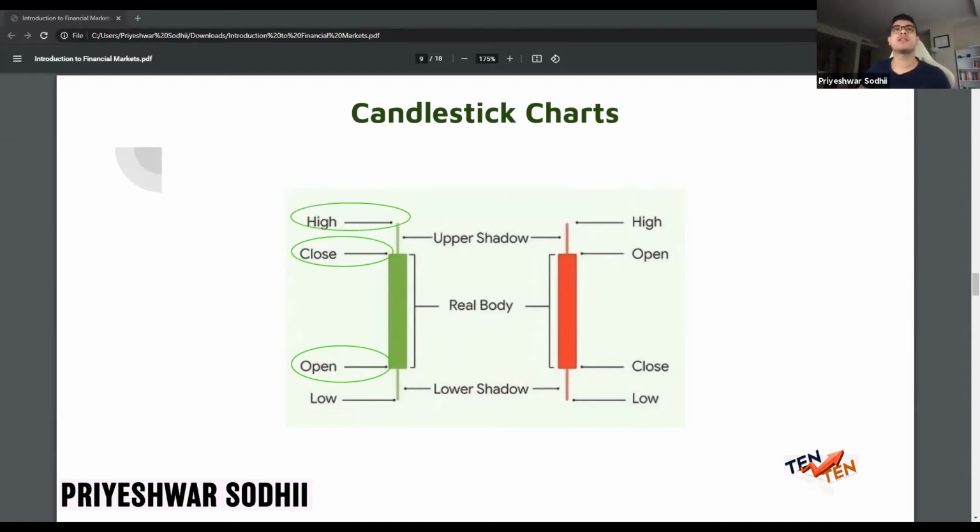So let me just quickly write this out so you guys can see. So let's say the high was 8. The close was 5. The open was 1. And the low was 0.50 cents. So the candlestick is actually showing me the entire movement of price.